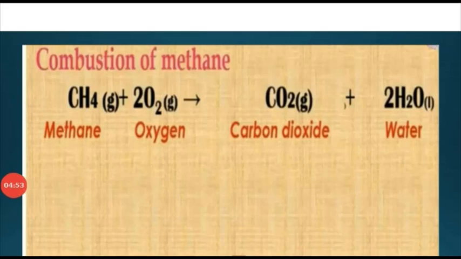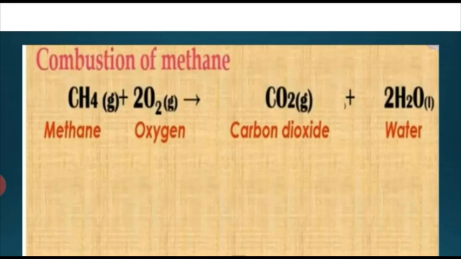Combustion of methane: methane reacts with oxygen to form carbon dioxide and water. This statement does not give the chemical composition of the reactants and products. It is only represented by the chemical equation.